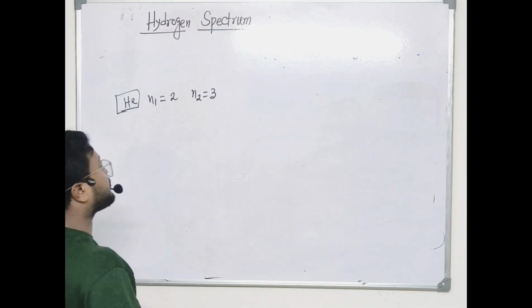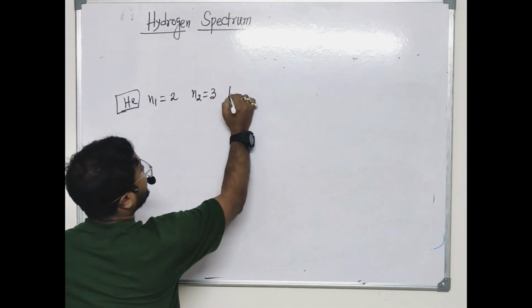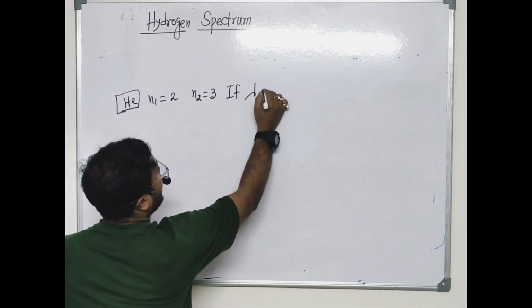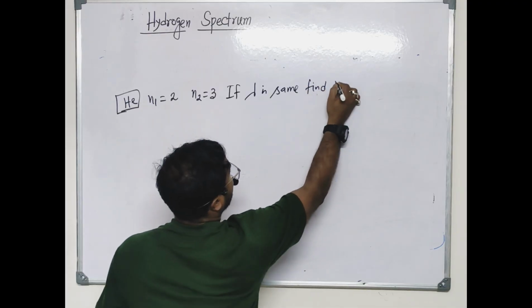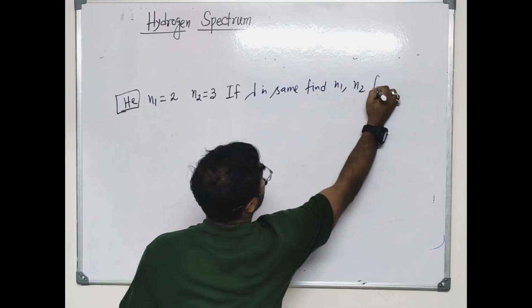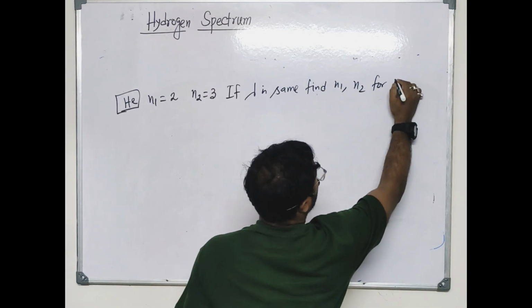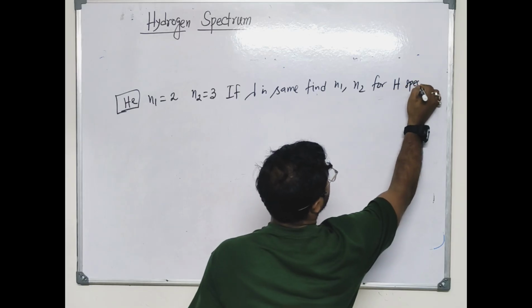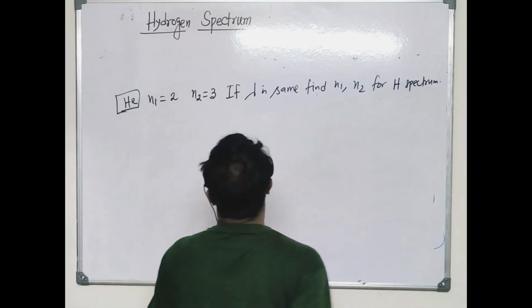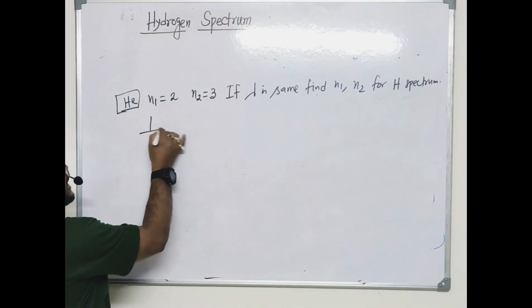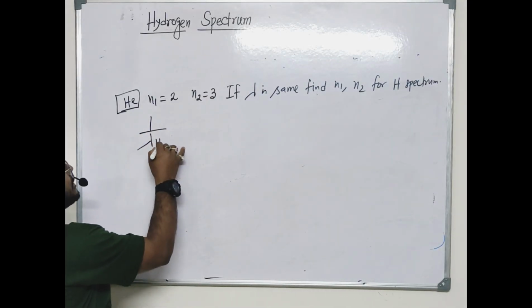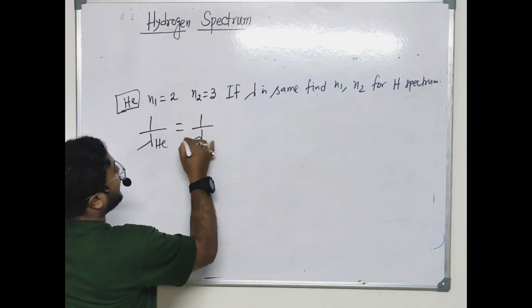So first what you have to do, if lambda is same, find n1, n2 for hydrogen spectrum. This is your question. How to solve this type of questions? See, the format is, they are telling that 1 by lambda helium is equal to 1 by lambda hydrogen.